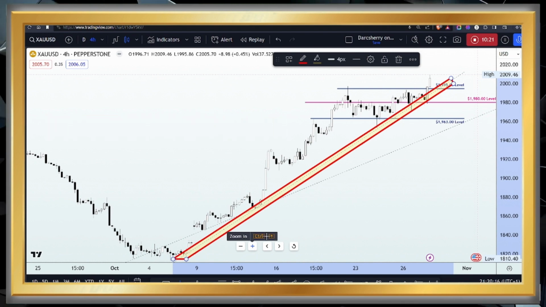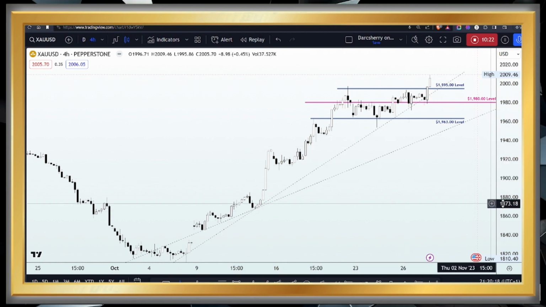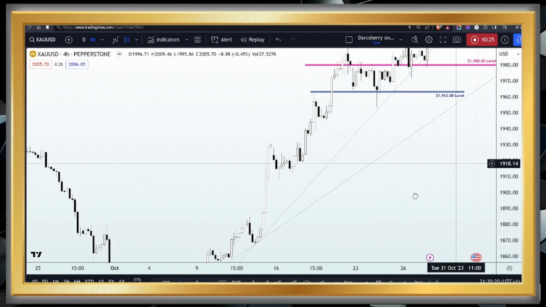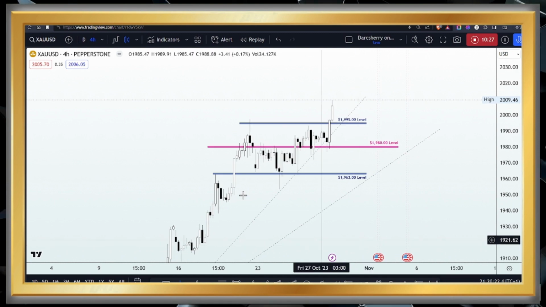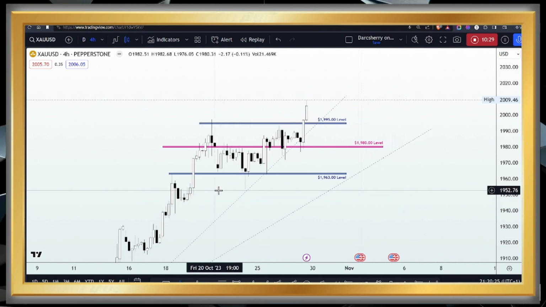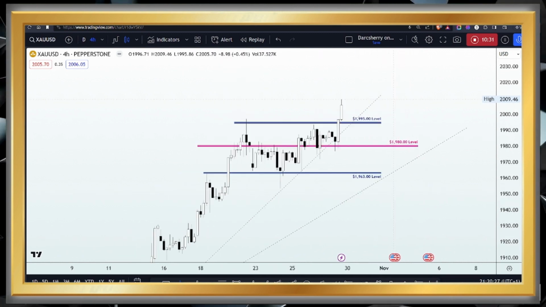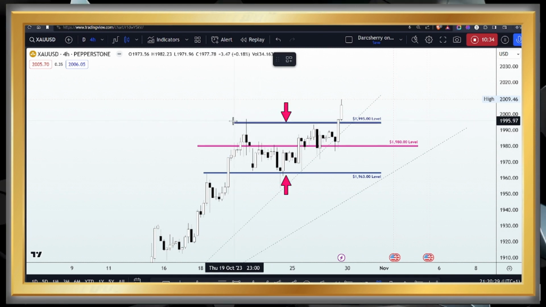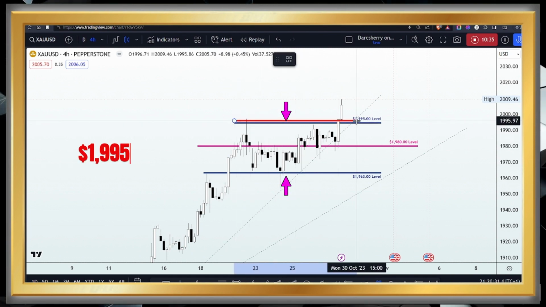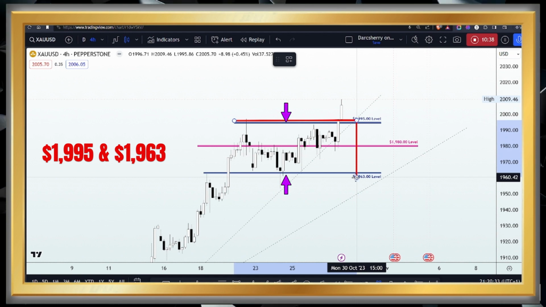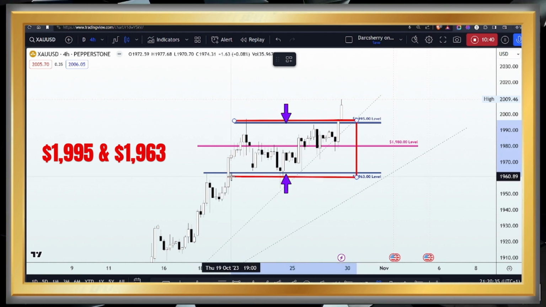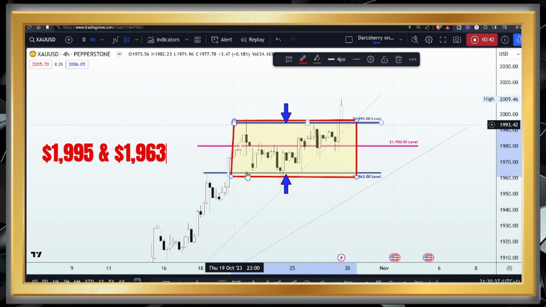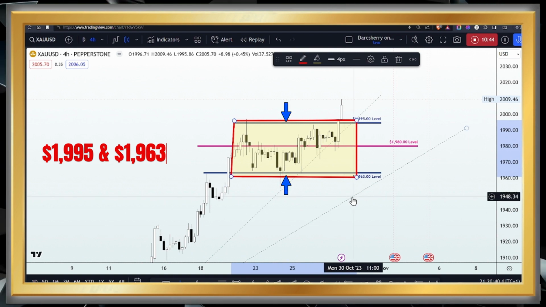Now, in addition to this trend line was this beautiful trading setup I was able to spot here in the last, let's say, 7 to 8 days now. As you will see, price action was confined within the 1995 level and the 1963 area to emphasize the level of indecision at this point.